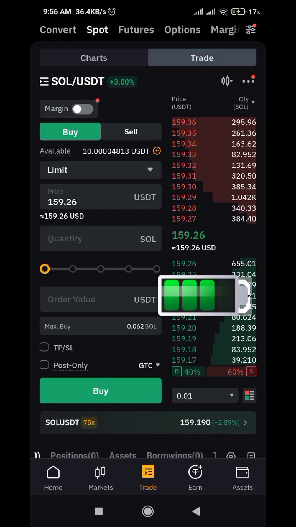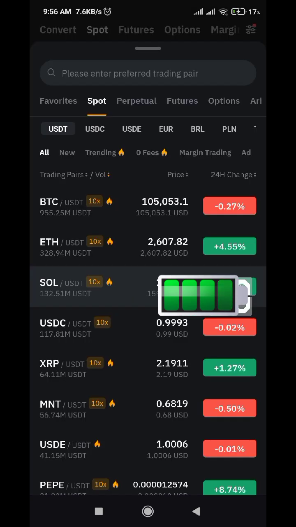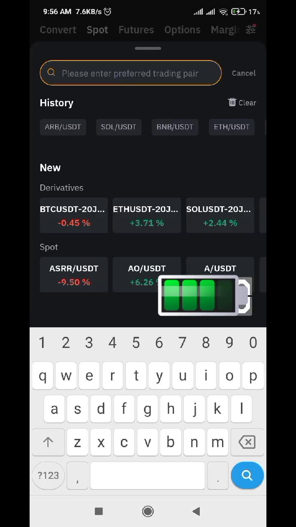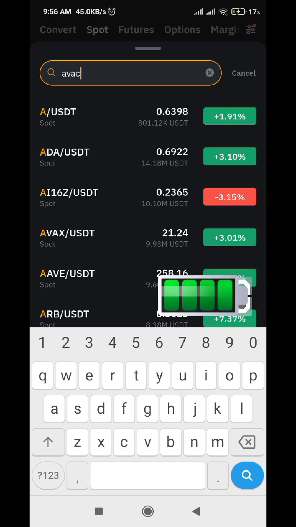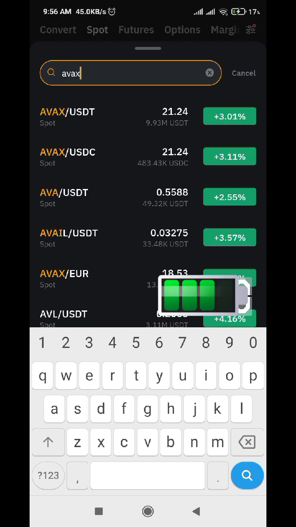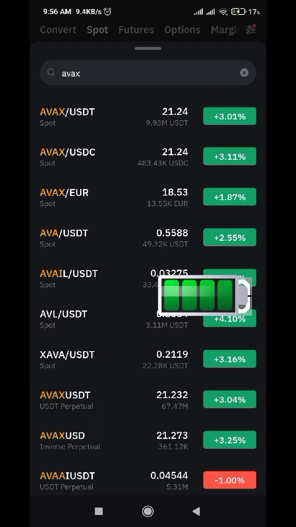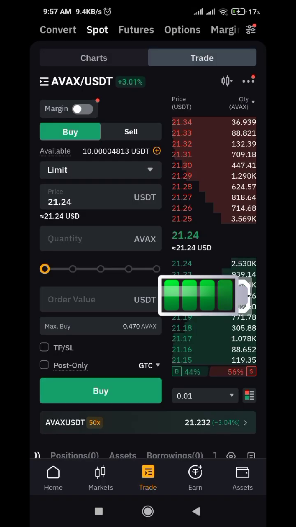Why spot? Spot is basically for trading when you want to consider long term. What does this mean? It means that if you want to buy any particular coin, you want to buy an old HODL, you would click on whatsoever coin you want. Let's take for instance, we want to do AVAX. Make sure that you do AVAX/USDT or AVAX/whatsoever dollar you have.